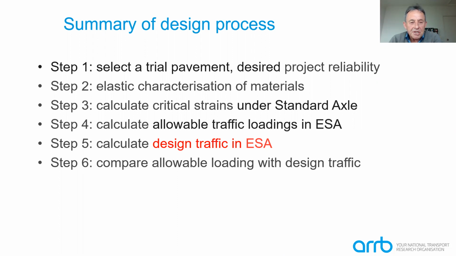Otherwise, you're back to step one and select another trial pavement configuration and start the process again until the allowable loading exceeds the design traffic in ESAs. So you can see this approach is a much simpler approach than estimating the damage under each axle group load of each axle group type.